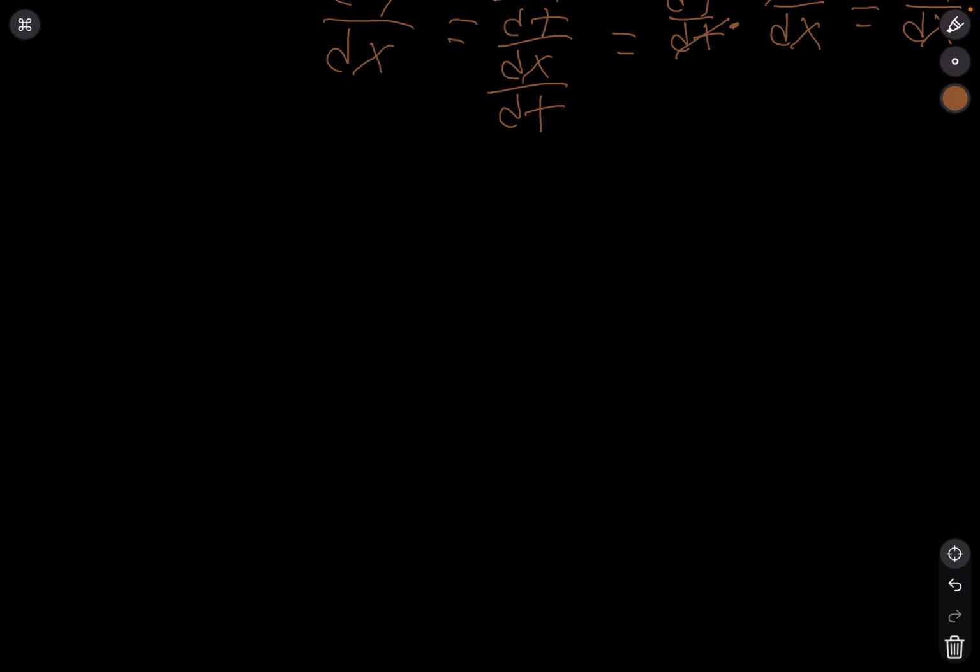So from here, you have to do product rule because you have a 2xy. So for product rule, it's d1, 1d2 plus 2d1. If you don't understand what that means, it's just the first function times the derivative of the second function, plus the second function times the derivative of the first function.